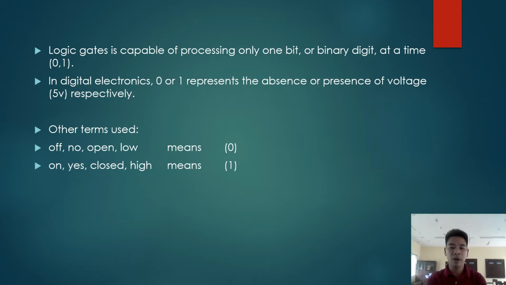In some programming of digital electronics, they use other terms other than 0 and 1. If you see the words off, no, open, and low, they also mean zero voltage. And on, yes, close, and high mean there is presence of voltage, which is always 5 volts.